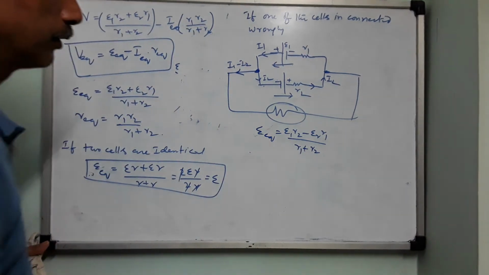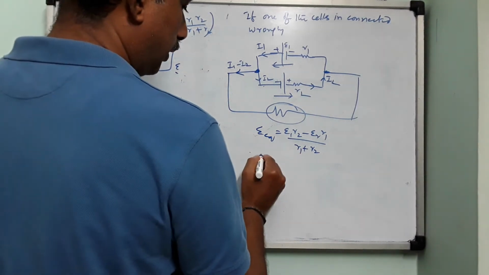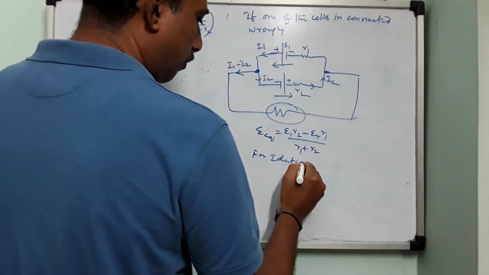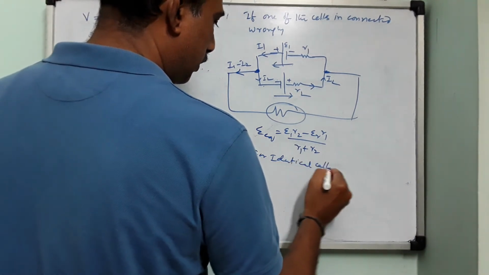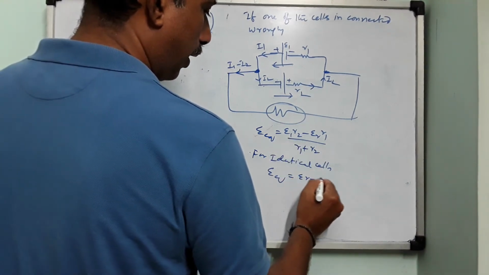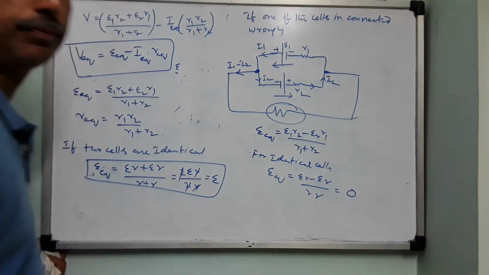Okay. Suppose if both of them are identical, then for identical cells, E equivalent equals ER minus ER by 2R. That is nothing but 0.